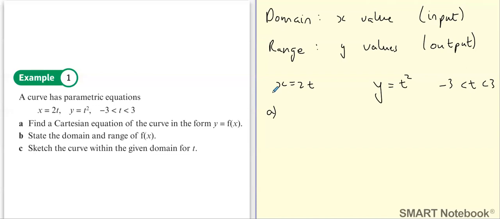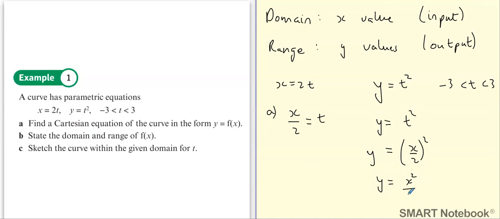Right. One strategy you could do here is to say, well, make t the subject in either equation. It's easier to make it the subject in the linear equation. So we're going to say x over 2 equals t. And then once we've worked out what t is, we can substitute that back into the remaining equation. So y equals t squared is going to become x over 2 squared. So what we end up getting is y equals x squared over 4.